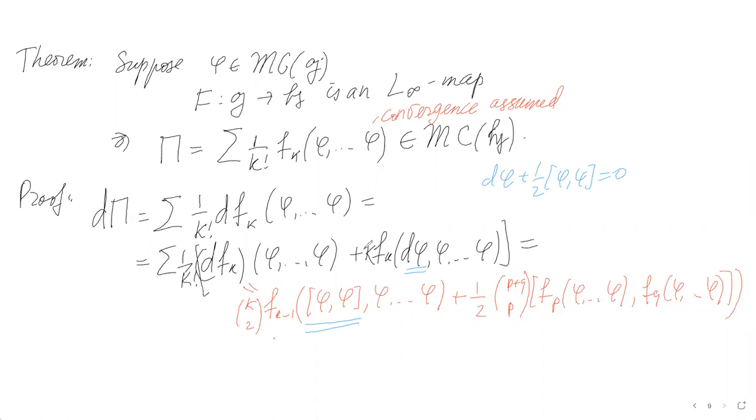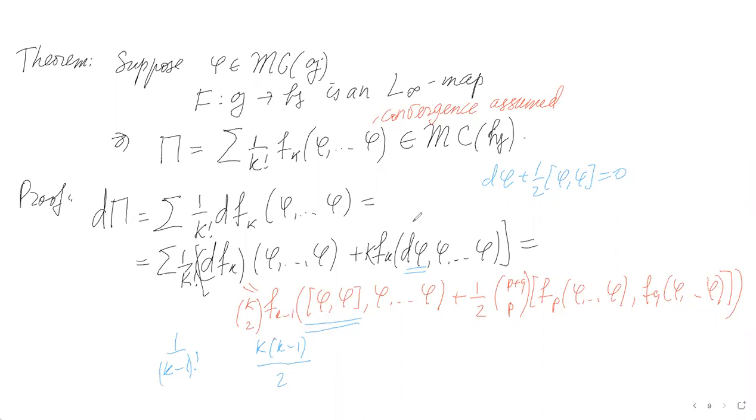You can see that even the coefficients match, because k over k factorial is 1 over (k minus 1) factorial. And then we also have k times (k minus 1) divided by 2 here, right? And the number of elements inside will be equal to k minus 1.